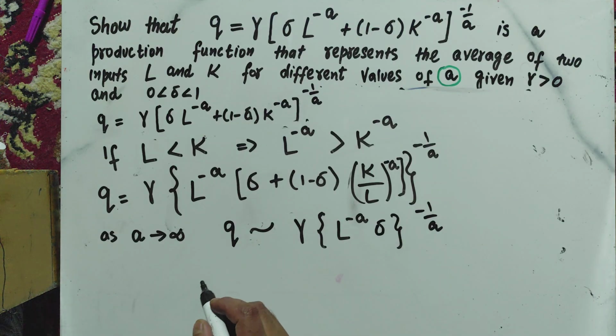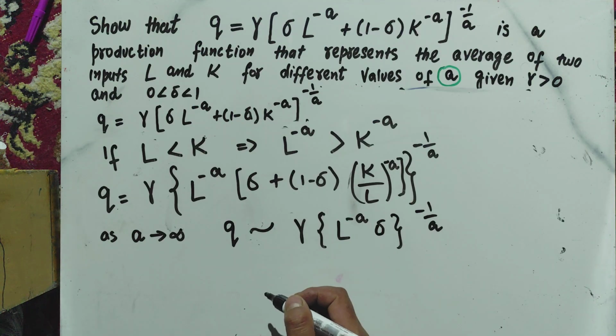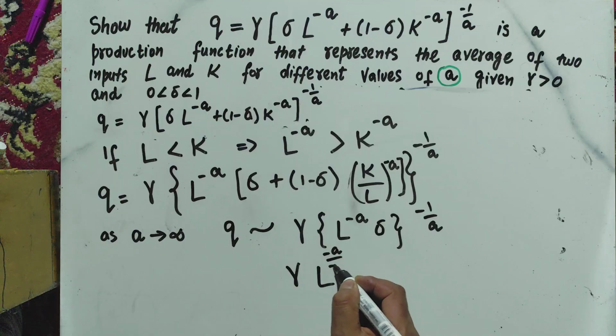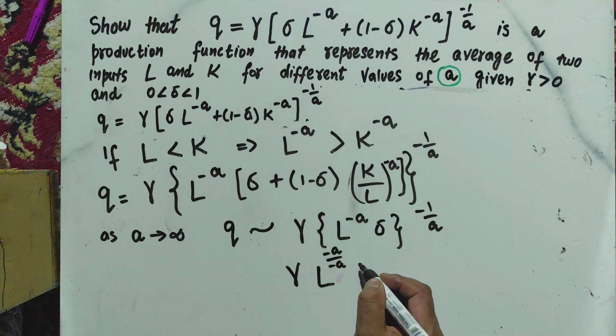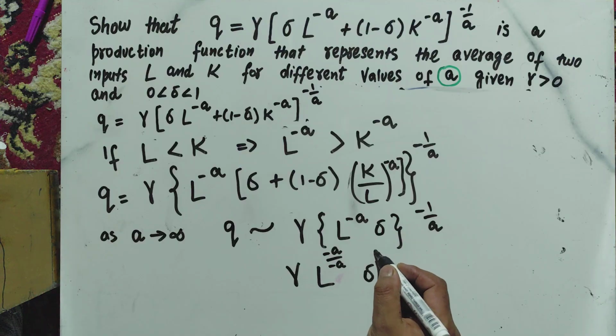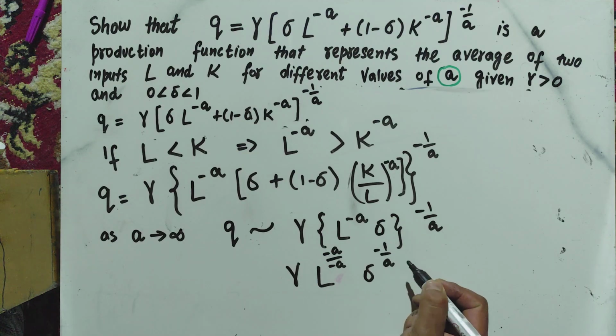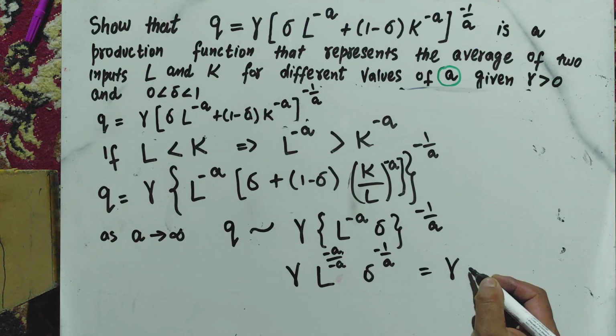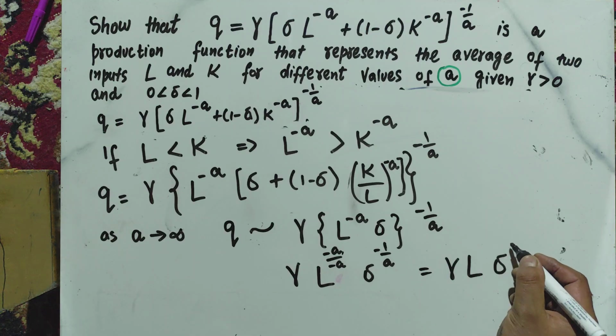Again, as a approaches infinity, if I rewrite it, we get gamma L raised to the power minus a, divided by minus a. If I multiply it with delta raised to the power negative 1 upon a, this gets cancelled, and we are left with gamma times L times delta raised to the power negative 1 upon a.